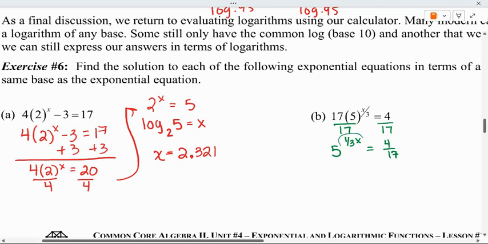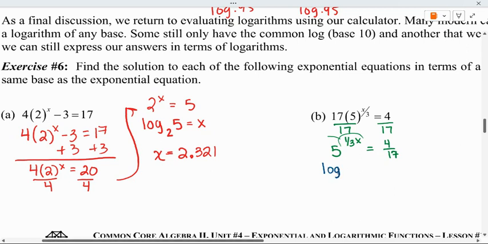So now, what does this tell me? What do I do with this? We're going to bring it out front. Are we solving this with common logs? No, we're not, sorry. We've done too many problems. I wanted to solve it with common logs, sorry. So 1/3 is the same thing as x over 3.